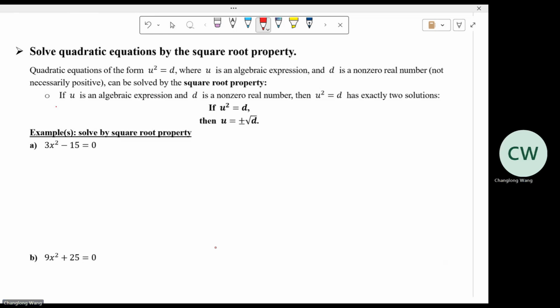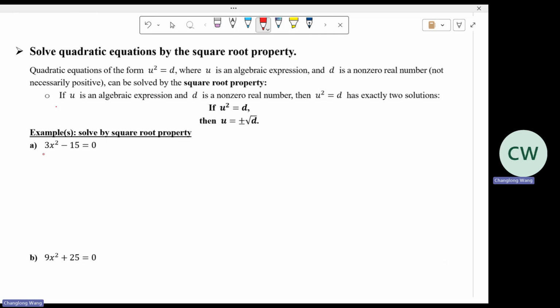Now, please make sure that you take a close look at the equation before you solve it. If you realize the equation is written in such a form, you have something unknown raised to the second power and is equal to a constant, then you shouldn't do anything other than just taking a square root right away, right?